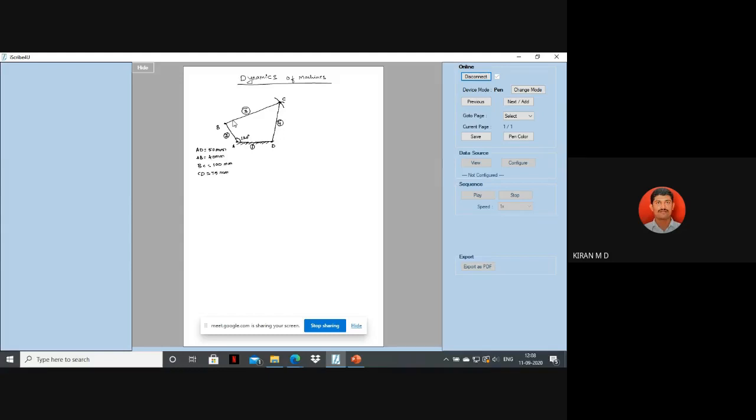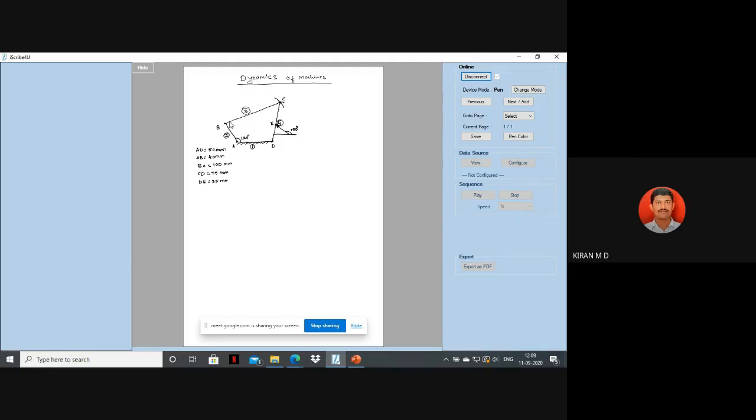Then one more force acts on this particular point, in a direction that you have to show with an angle of 150 degrees. This is the force. This is the point E, and from D to E is 35 mm.